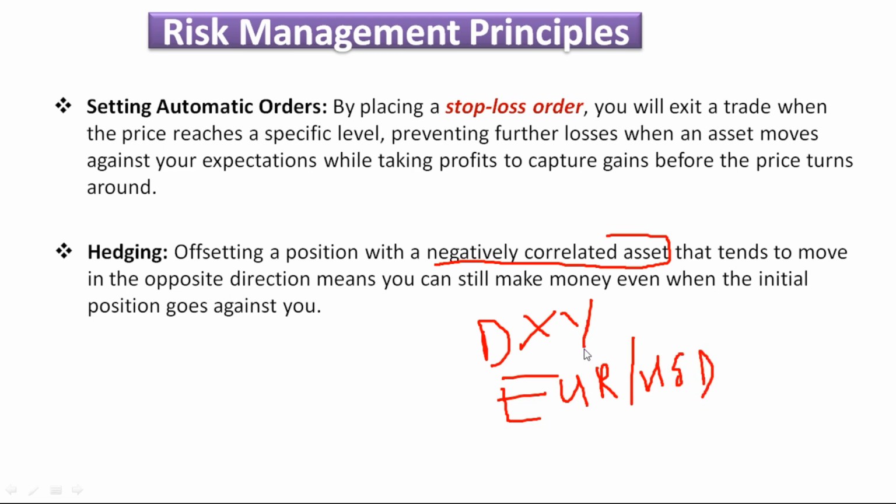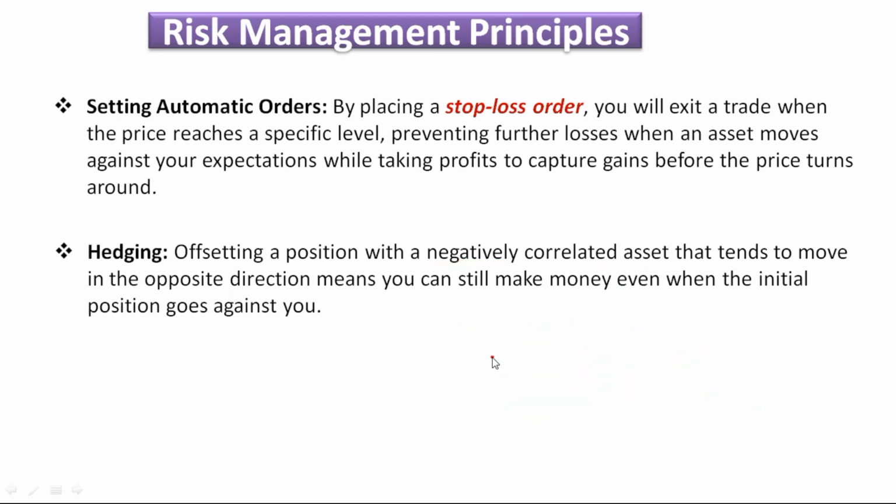anytime DXY is going up, maybe DXY is buying, for example, we should expect Euro USD to fall because they are negatively correlated. So in the case that you are buying DXY and also you are buying Euro USD, that is a problem.